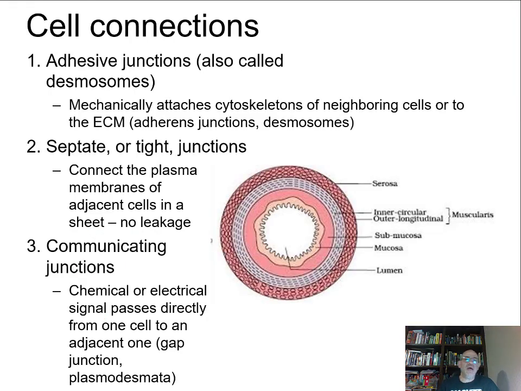So moving on now, from cells being able to tell from one another who they are and if they belong there or not, we're going to now move on to cell connections, the cell junctions. Okay, and so what I have here to start with is a diagram of an organ that you find in your body.